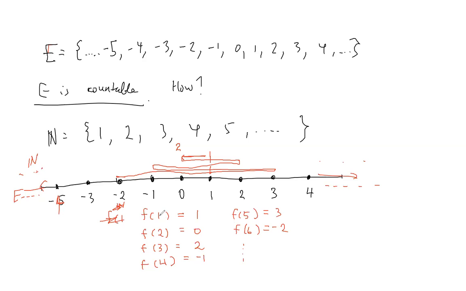This F is a mapping. You take 1 and map it to 1, and then 2 I map it to 0, and 3 I map it to 2, and 4 I map it to -1, and 5 I map it to 3, and 6 I map it to -2, right?